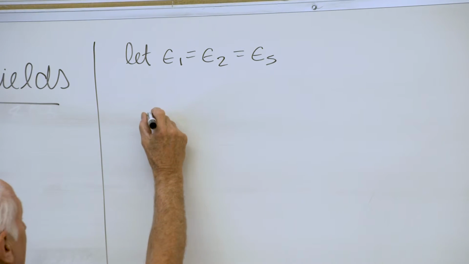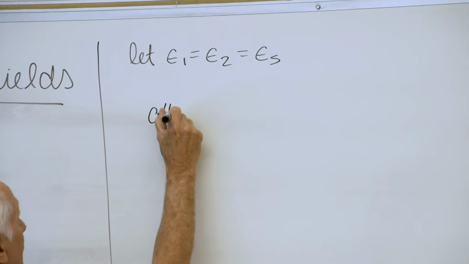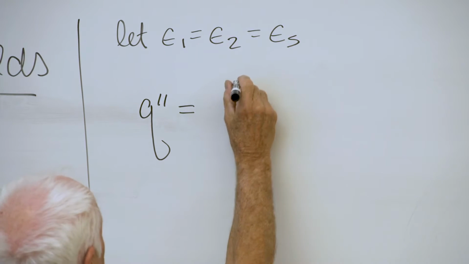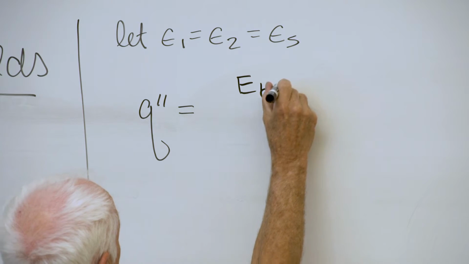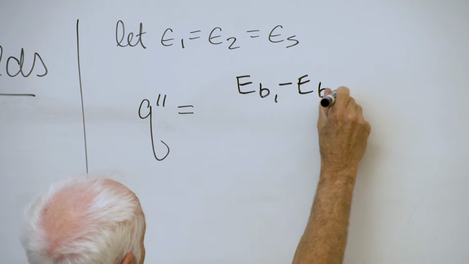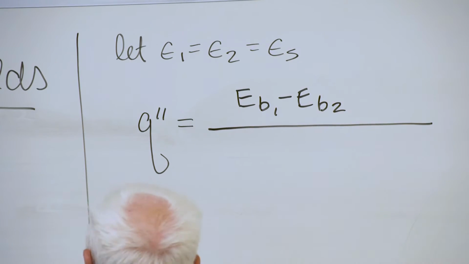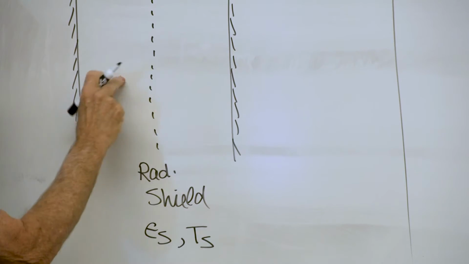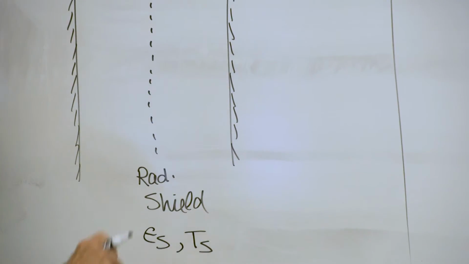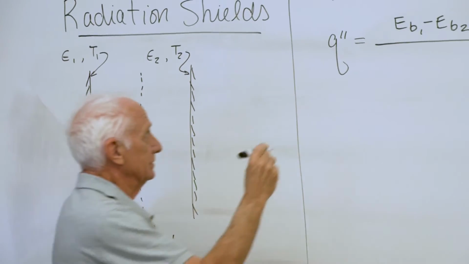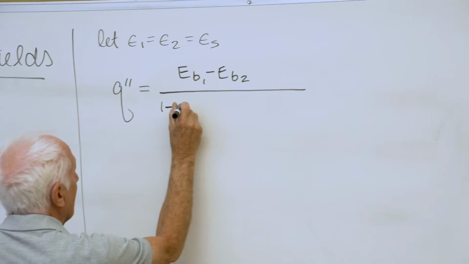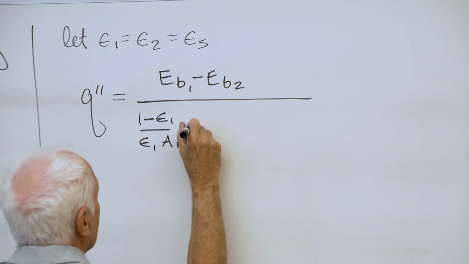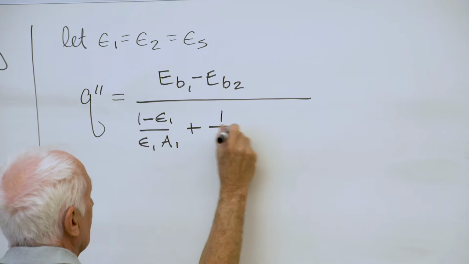So here's what we've got. We want to find the heat flux from the hot surface 1 to the cold surface 2. So we'll take EB1 minus EB2 divided by the sum of the resistances between those 2 surfaces, T1 and T2. So, surface 1. Space resistance from 1 to the shield.